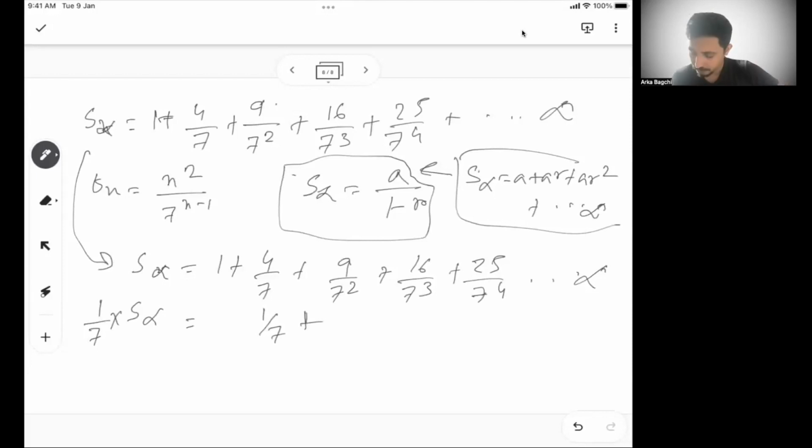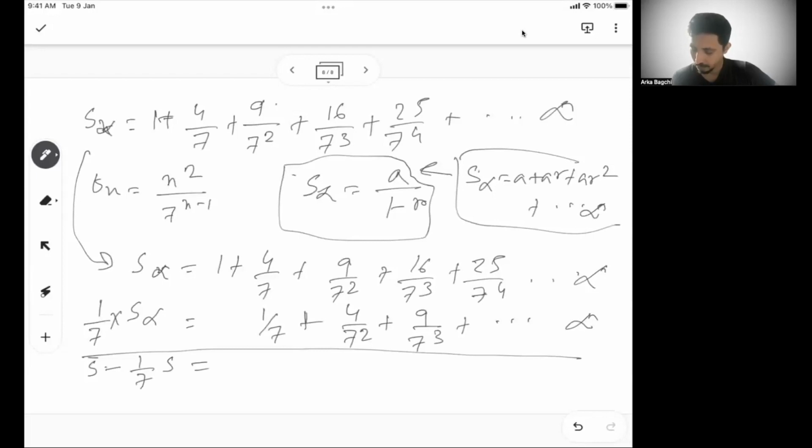So then 1 by 7, the next term will become 4 by 7 square. The third term will become 9 by 7 cube, and till infinite. Okay. Now, if I subtract, my S minus 1 by 7 S is equal to 1, first term 3 by 7, second term 5 by 7 square, third term 7 by 7 cube.